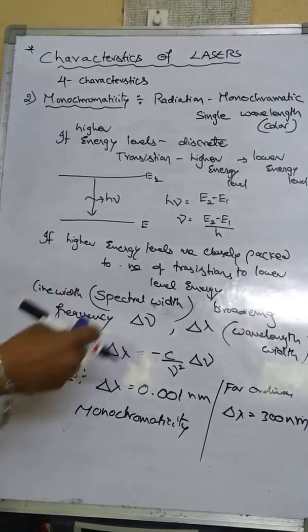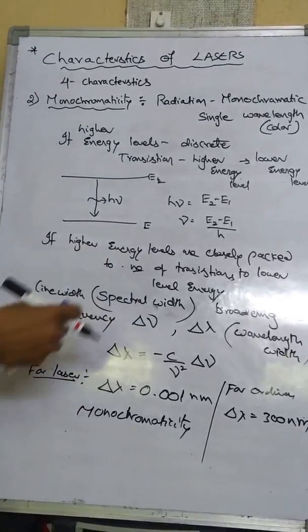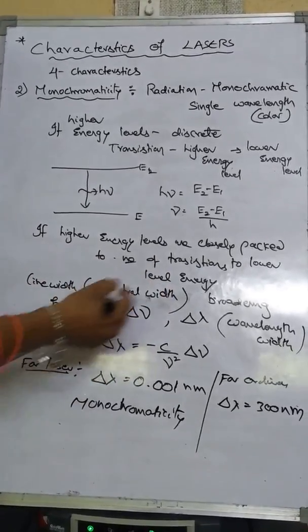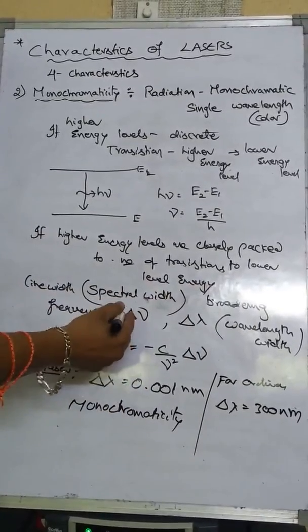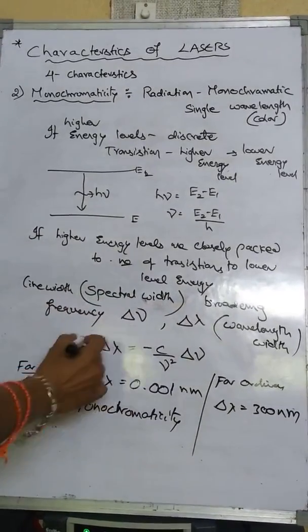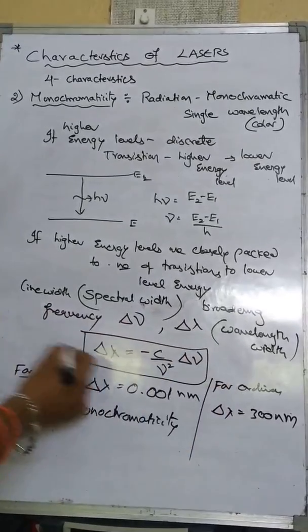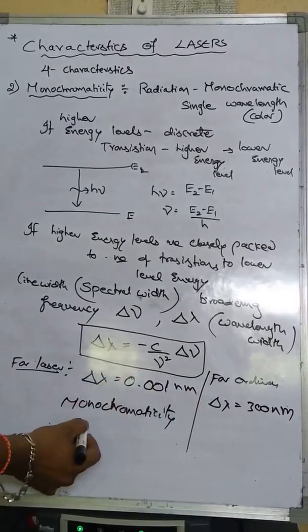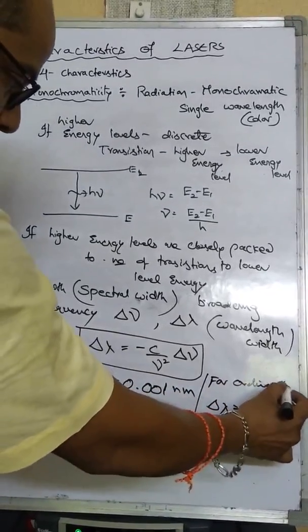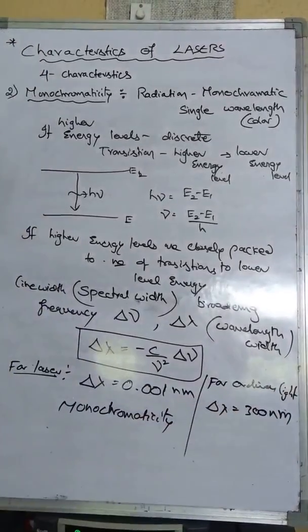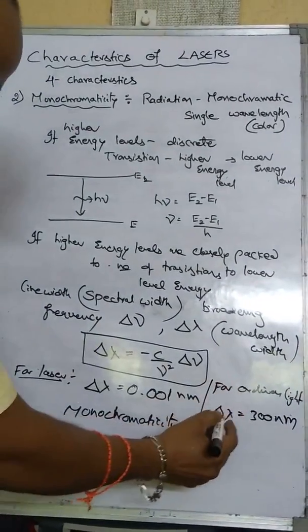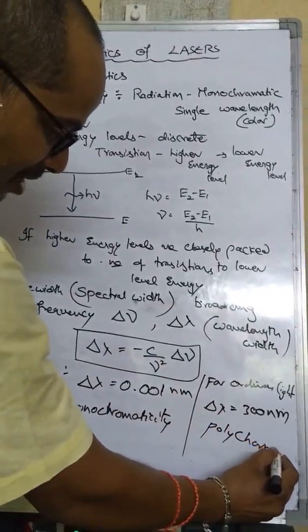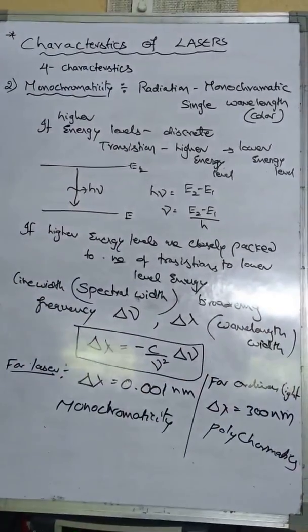If the higher energy levels are closely spaced, there will be a large number of transitions to the lower energy levels, which leads to line broadening, frequency broadening, or wavelength broadening, given by the relation delta lambda. For a laser, delta lambda is very small, about 0.01 nanometer, which leads to high monochromaticity. For ordinary light it is almost 300 nanometers, which is polychromatic, meaning multiple colors or multiple wavelengths.